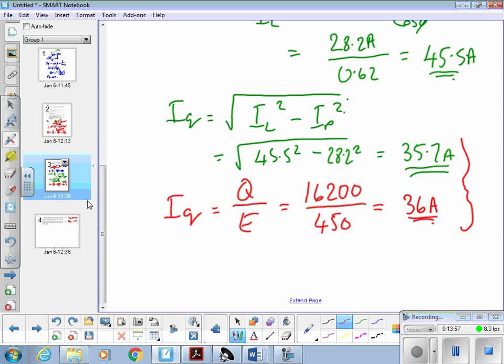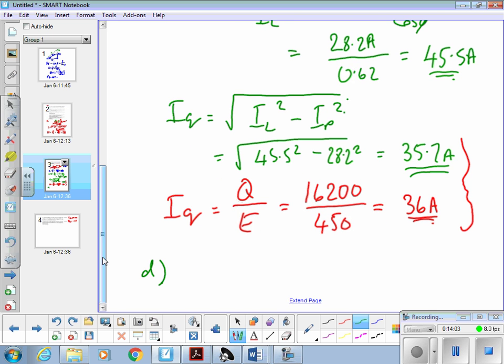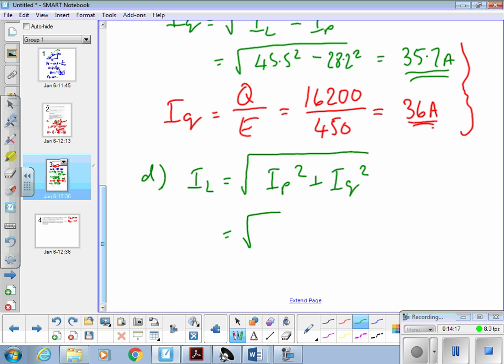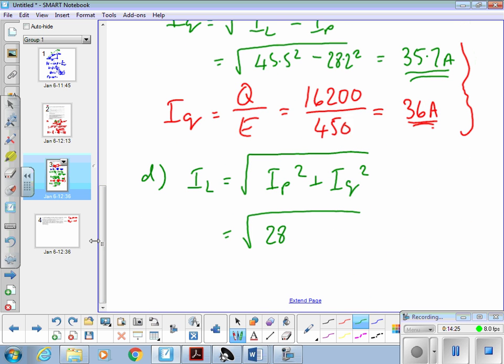So part D, IL is equal to the square root of IP squared plus IQ squared. IP was 28.2, and the answer to that is somewhere around about 45.5 amps.